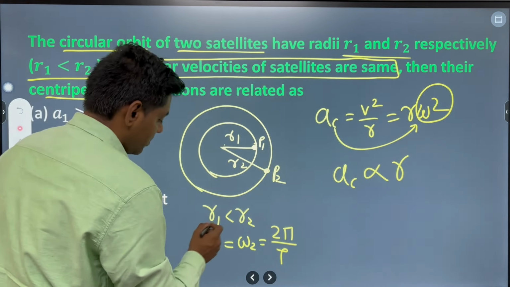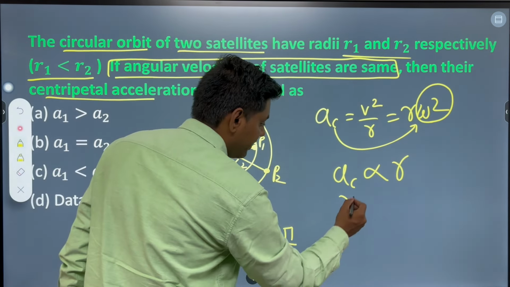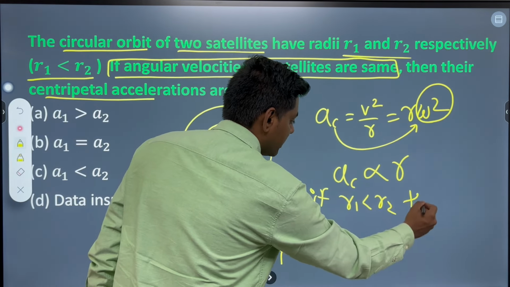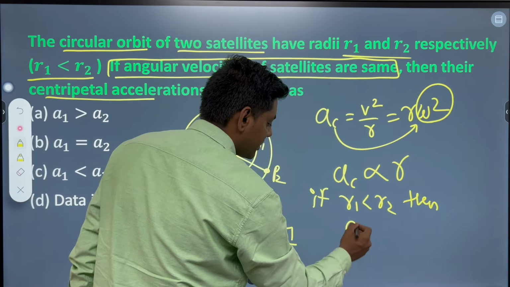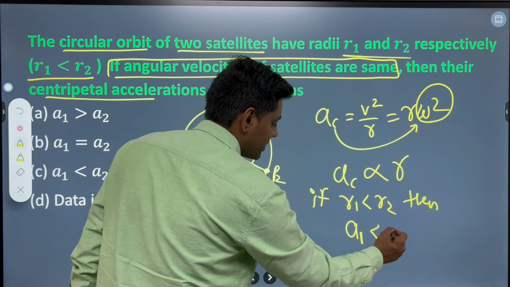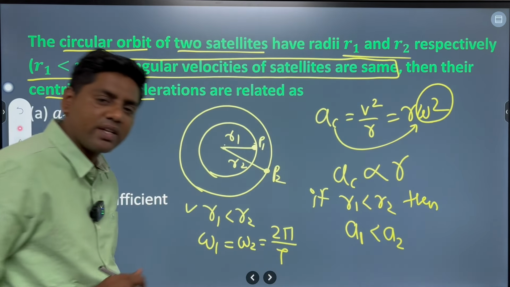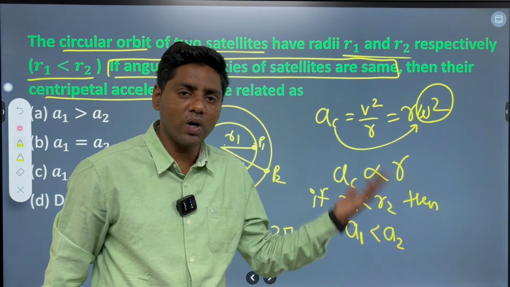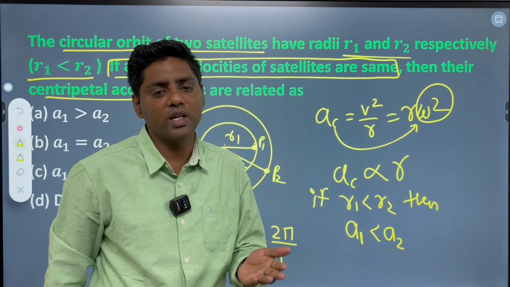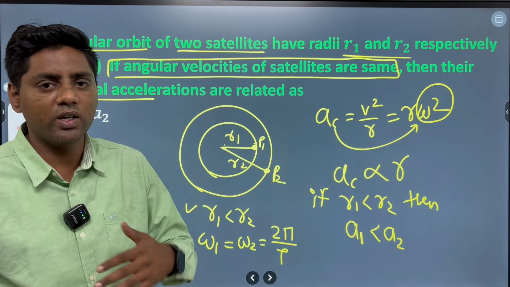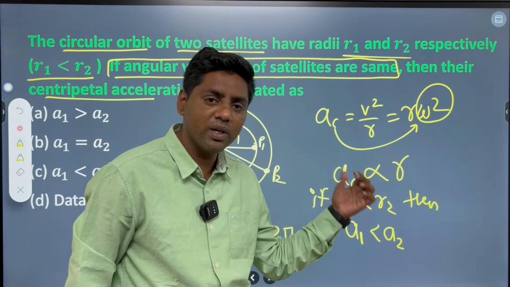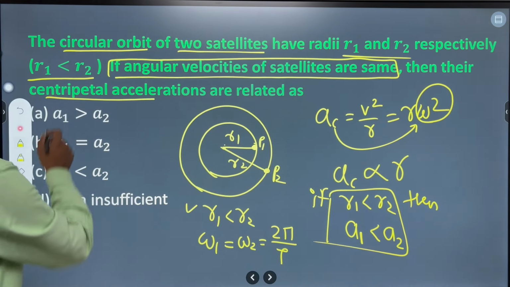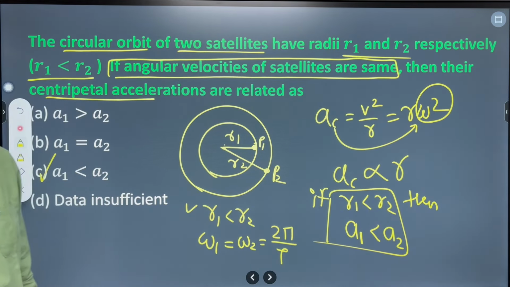So from this observation we can say that if r1 is less than r2, the centripetal acceleration of the first satellite is less than the centripetal acceleration of the second satellite. Why? Because here centripetal acceleration is directly proportional to r. अगर r का value कम रहेगा तो centripetal acceleration भी कम रहेगा, और r का value ज़्यादा रहेगा तो centripetal acceleration भी ज़्यादा रहेगा. So according to that, option C is the correct answer.